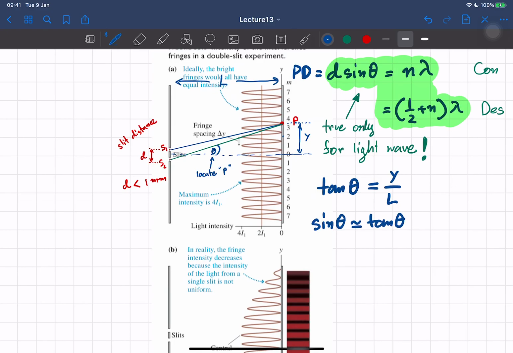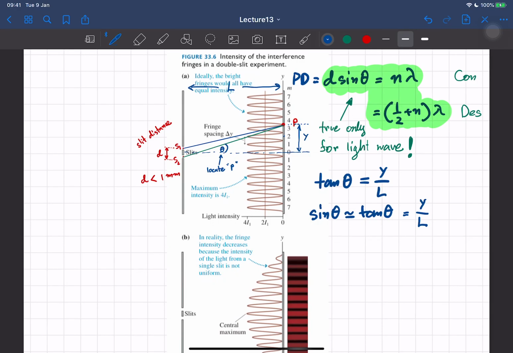So that being said, sine theta can also be approximated as y over L. We do this because we can rewrite this equation not in terms of the angle, but in terms of y and L. You can do a direct substitution: d times y over L equal to n lambda gives you constructive interference, or a half multiple of lambda gives you destructive interference.